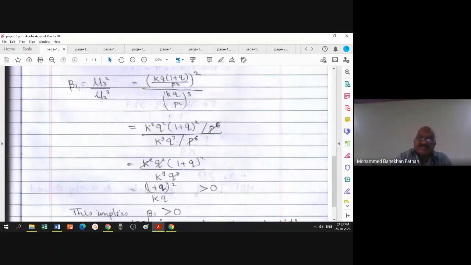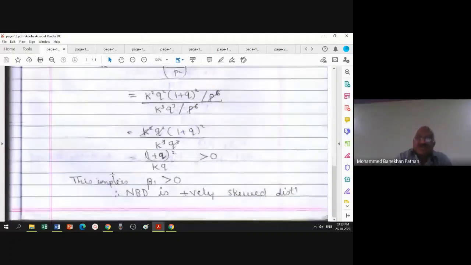And according to your first year knowledge, if beta 1 is greater than 0, then the respective distribution is positively skewed. So if you try to draw the graph of NBD, the tail part of NBD will be on the right hand side.